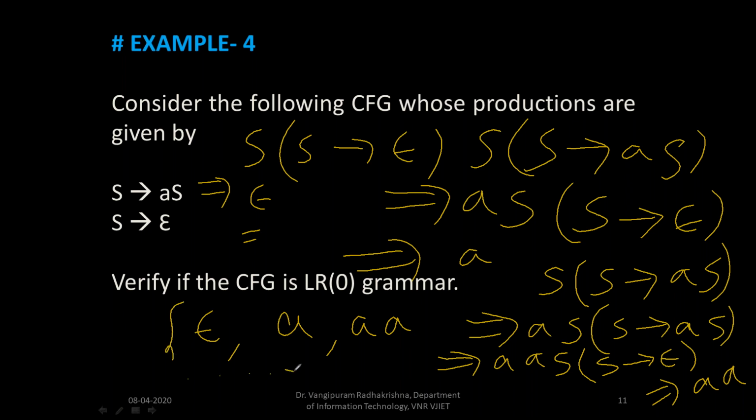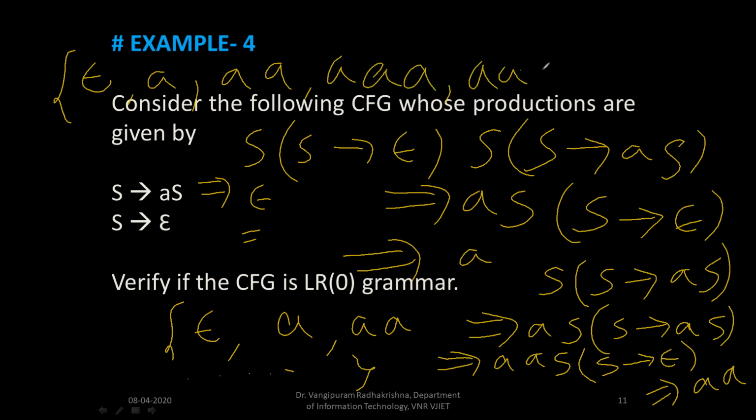In this way, if you keep on deriving strings pertaining to this particular language, you can have epsilon, a string of length 1 which is a, a string of length 2 which is aa, length 3 which is aaa, length 4 which is aaaa, and so on.